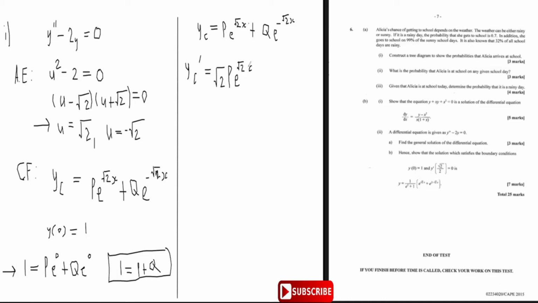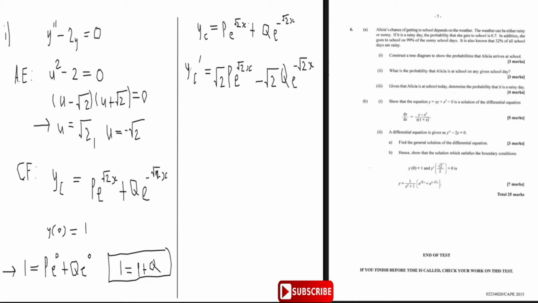And then when you differentiate the other part, you're going to get minus root 2q e to the minus root 2x. All right, so what does that mean?